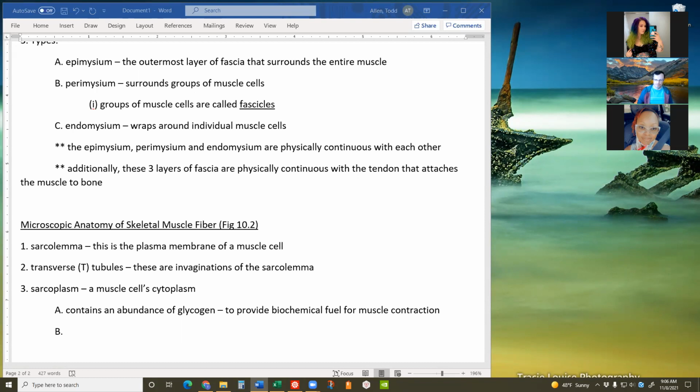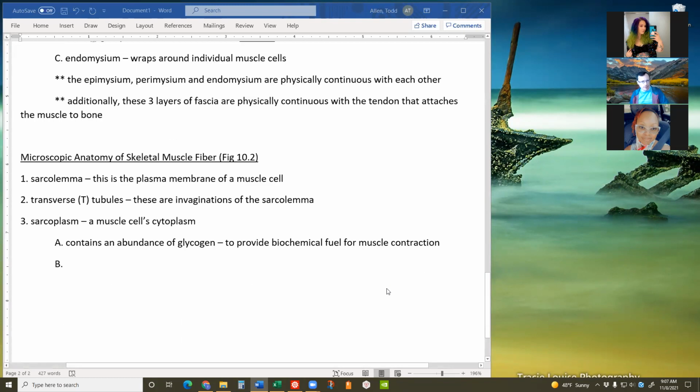What is hemoglobin? What does hemoglobin do in your body? Now, we haven't talked about it in our course, so I'm hoping that maybe you've heard about hemoglobin in some other aspect of your life.